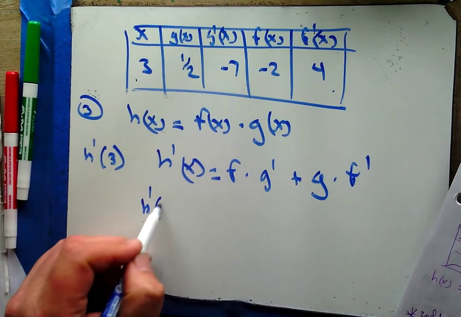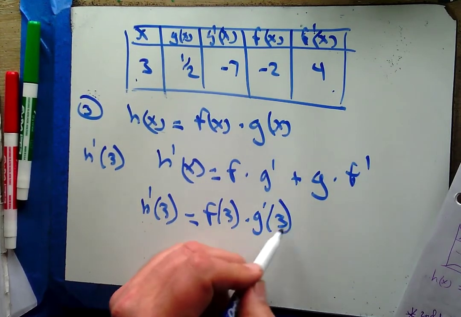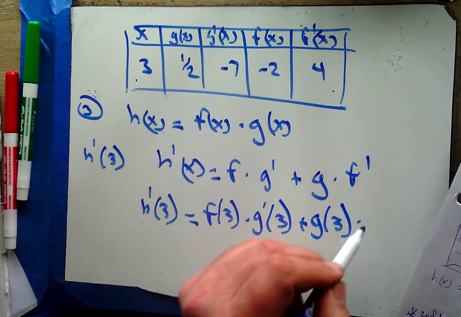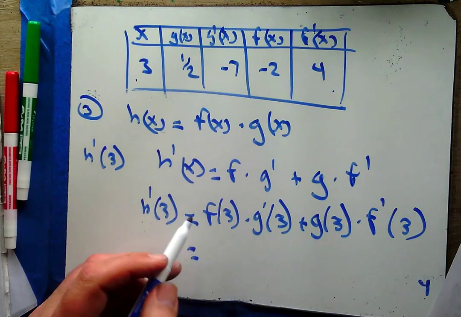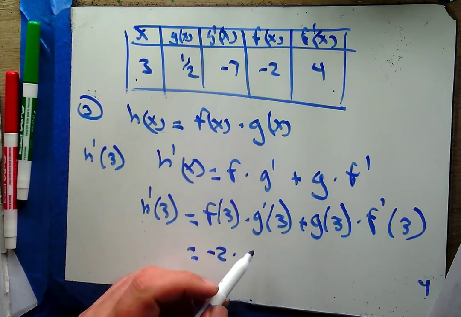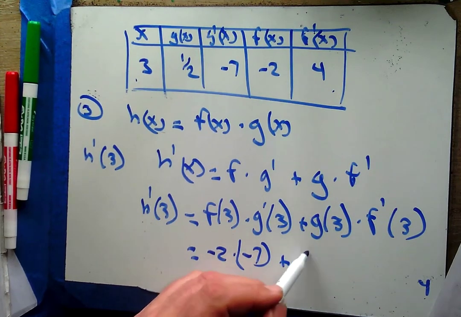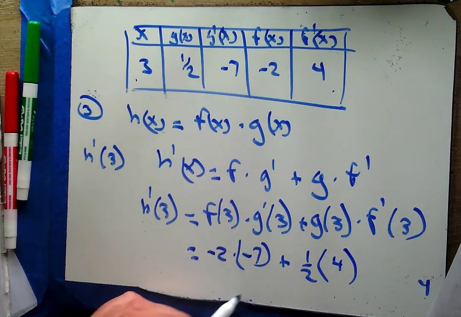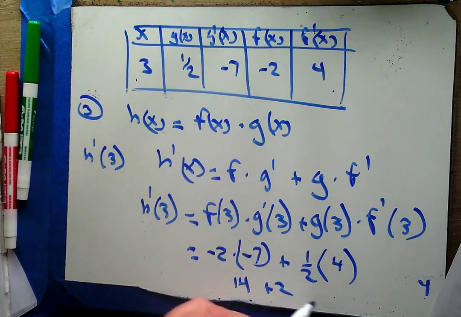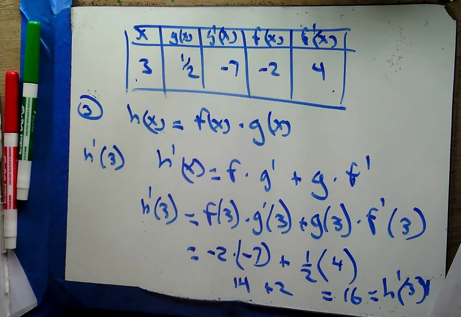And since we want h prime of 3, we want f of 3 times g prime of 3 plus g of 3 times f prime of 3. f of 3 equals negative 2. g prime of 3 is negative 7 plus g of 3 is 1/2 times f prime of 3 is 4. So I get 14 plus 2, or 16, equals h prime of 3. All right, let's do 2. Oh no, I erased the table.